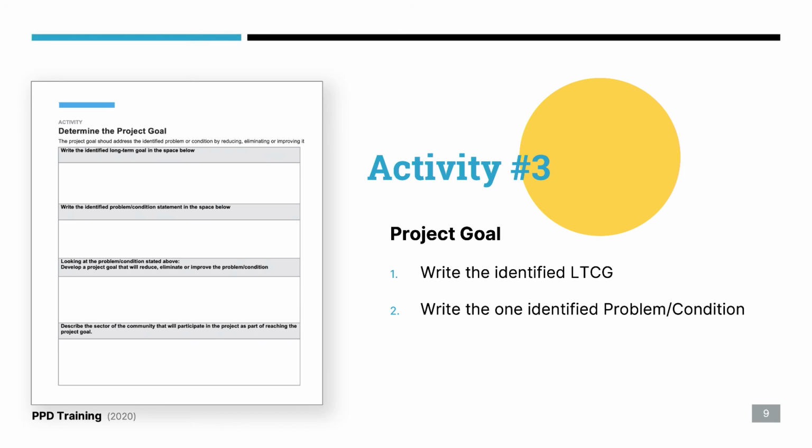And once you've done that, when you move into the next box, it's asking you to look at your current community condition and then develop a project goal that will reduce, eliminate, or improve the current community condition or increase your community's capacity to address that barrier. And once you've done that, at the bottom in the last box, it's going to ask you to describe the sector of the community that will participate in the project as part of reaching the project goal. That's helping you identify the population that will be impacted.